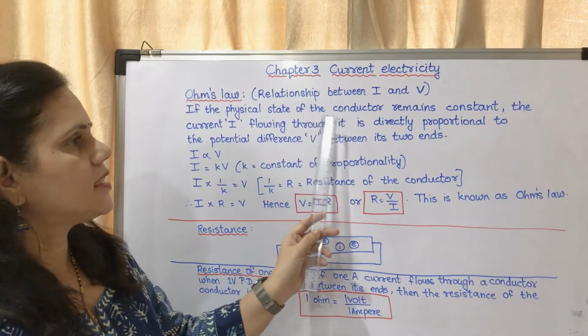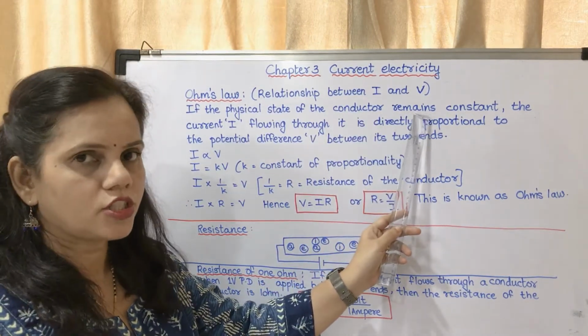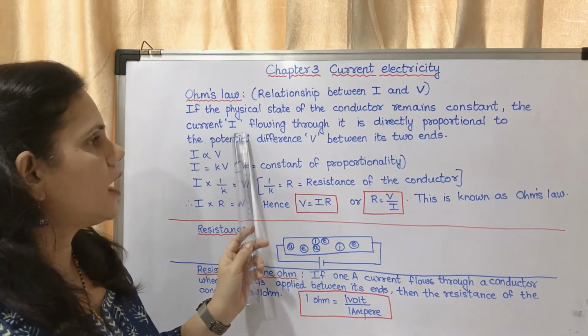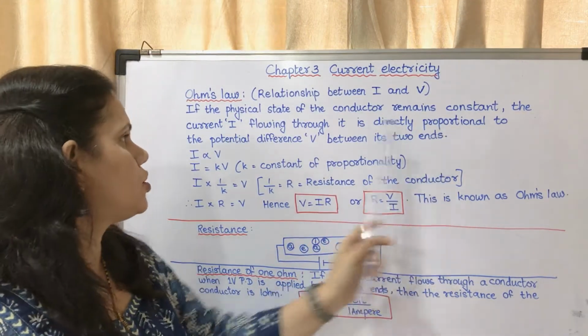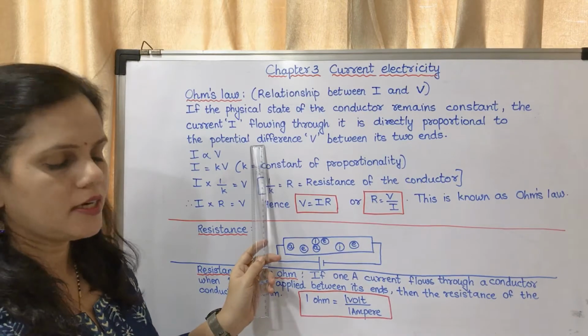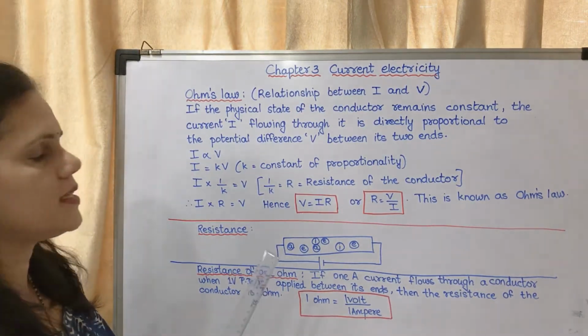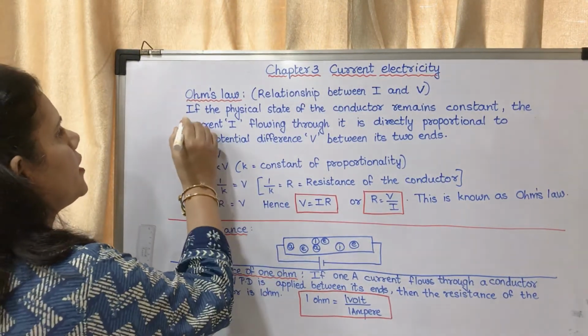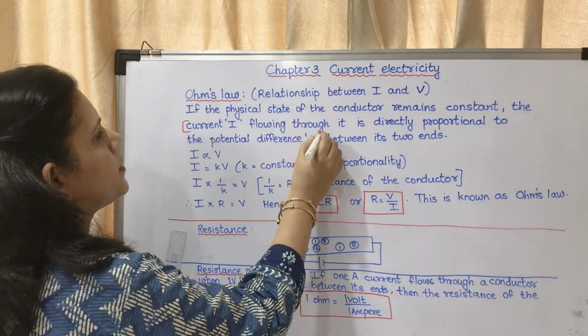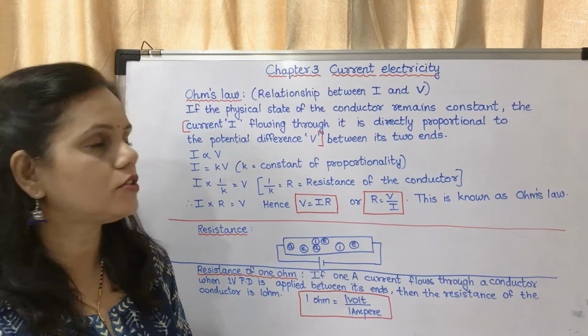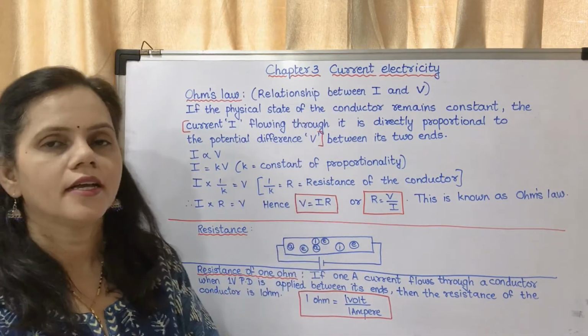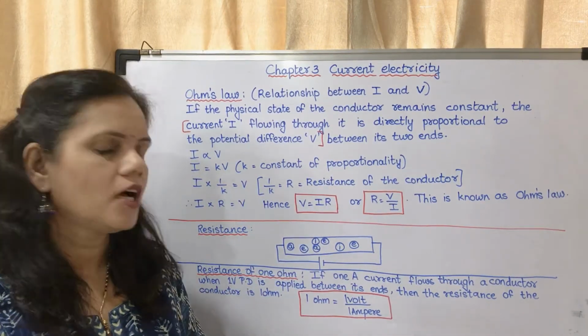If the physical state of the conductor remains constant, the current I flowing through it is directly proportional to the potential difference. So this much is basically the law. The current flowing is directly proportional to the potential difference. To that you have to add this statement, if the physical state remains constant.